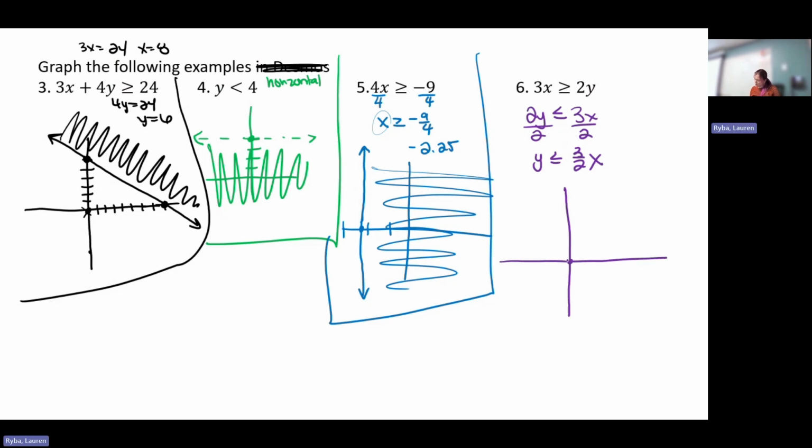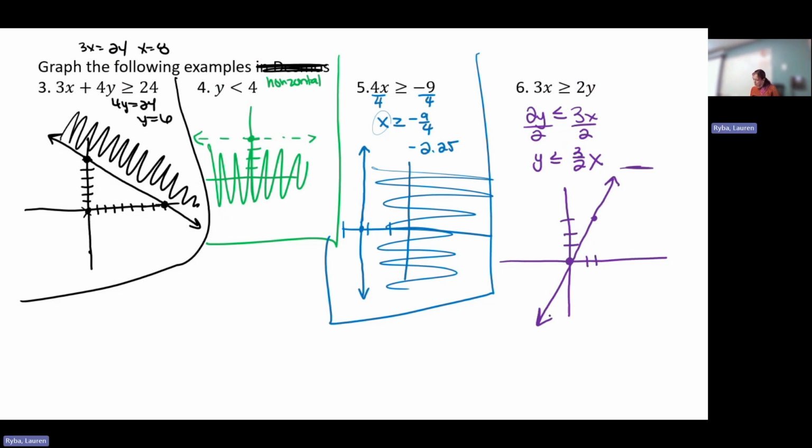So this one, the y-intercept is 0 because there is no b. There's nothing listed here. So we're going to start at the 0, the origin. Then I'm going to go up 3 and to the right 2. That's going to be a solid line.